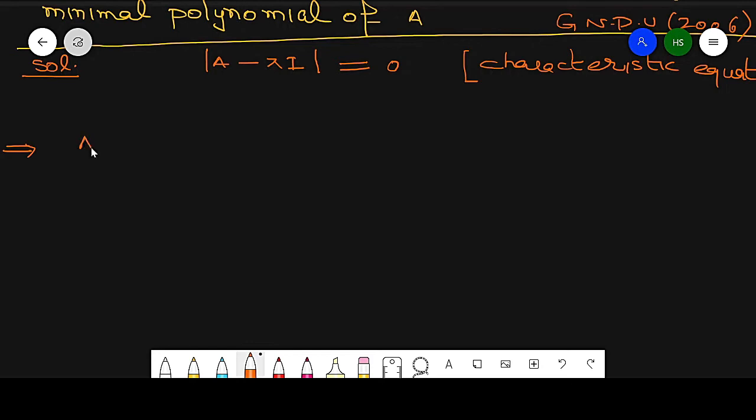So what is A minus lambda I matrix and what is its determinant?